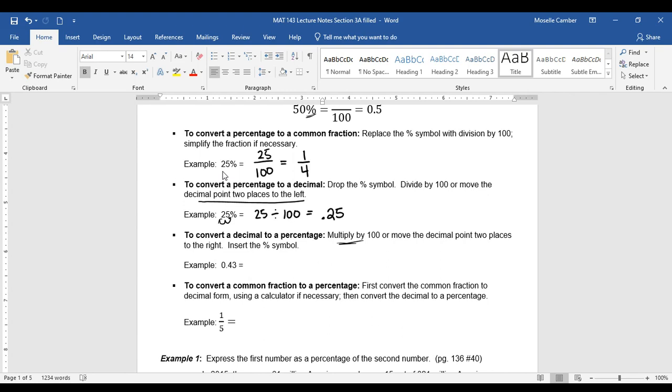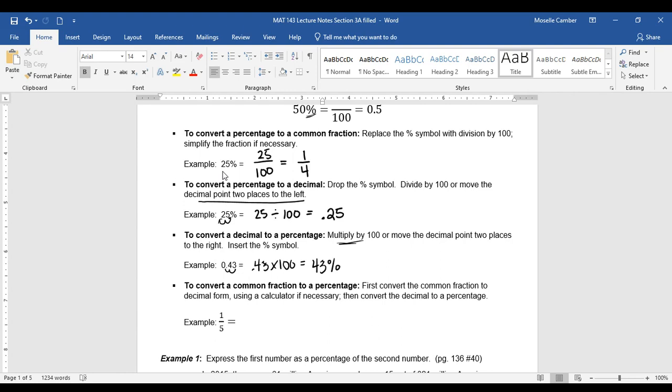If you go from percentage to decimal, you're going smaller, so you divide by 100. So for 0.43, we move the decimal place over twice, or multiply by 100, to get 43. And because we multiplied by 100, we have to put that percent sign back in.